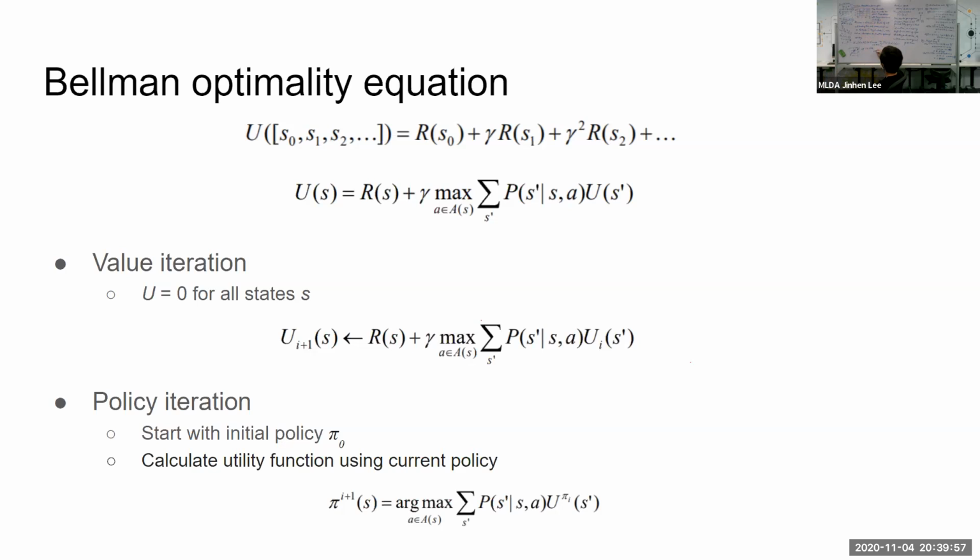Then it's 0.8 times U1 of 23 plus 0.1 of going up, which is actually remaining at the same spot, 22, plus 0.1 goes down, so 1, 2. So this is 1. And 0.1 times negative 0.04 plus again 0.1 times negative 0.04, because both of these are actually negative 0.04.